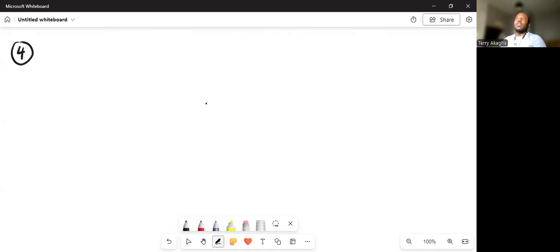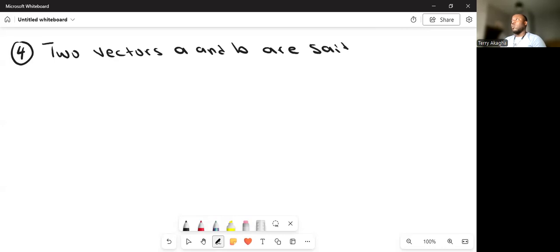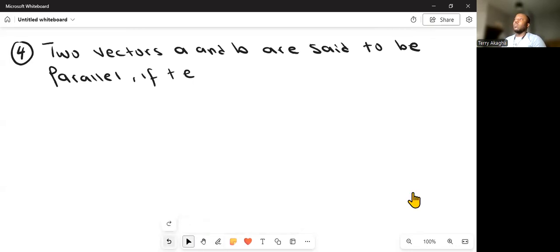So two vectors A and B are said to be parallel if their cross product is a 0 vector.